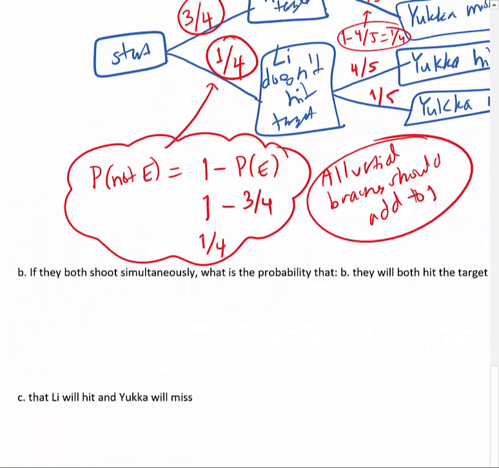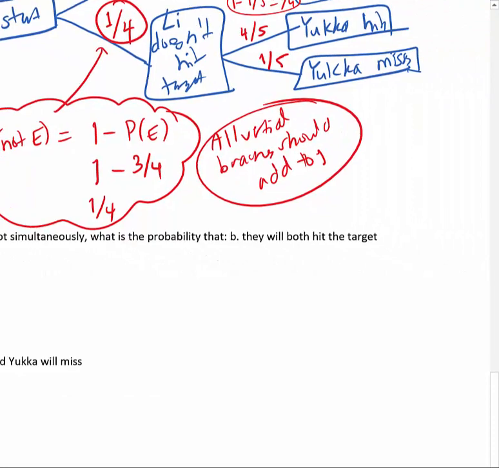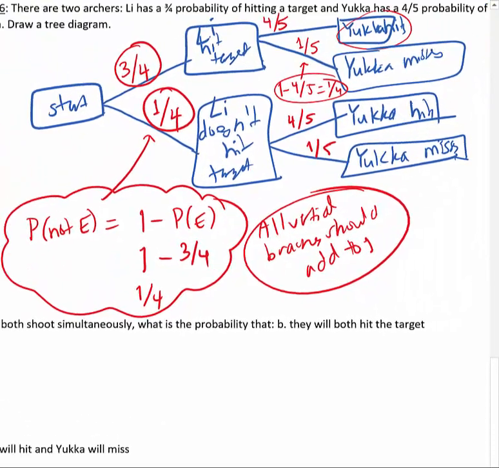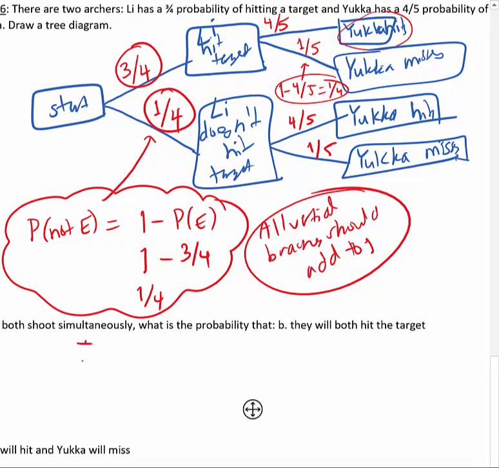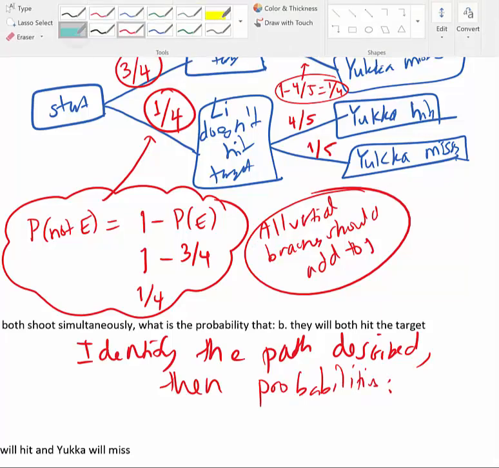Now if you want to look at part B, if they both shoot simultaneously, what is the probability that they will both hit the target? What we need to do is identify the path described, because they both hit the target, then multiply the probabilities, and that'll be what we want. It might be helpful to highlight.